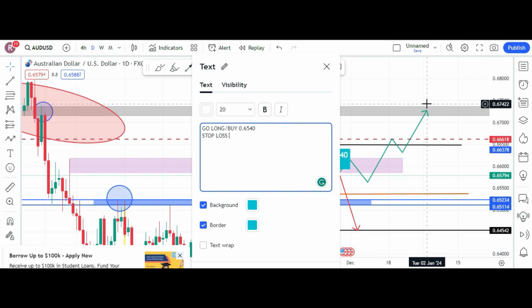A little bit more, 0.6520. Take profit will be, in my opinion, I will take profit in this area.